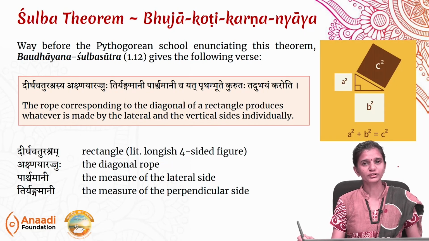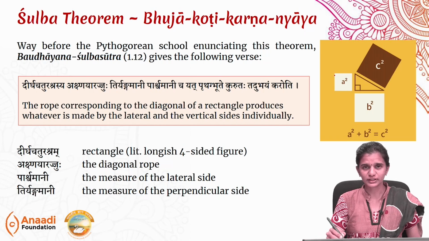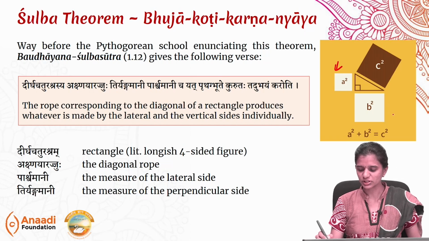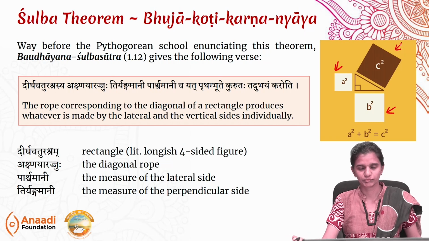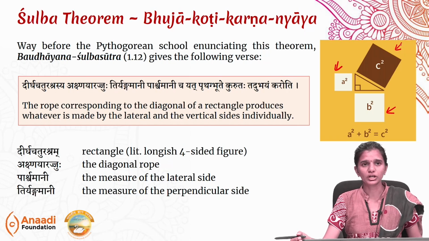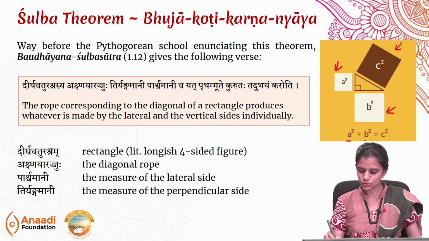Now, let us draw 3 squares, that is one with side as A, that is A square. The other with side as B, that is B square. Then, with side as C, we draw C square. Now, this sutra is saying that the sum of the areas of A square and B square will be equal to C square.